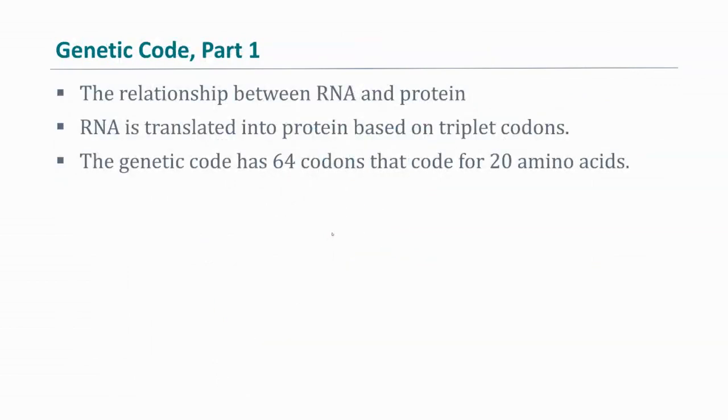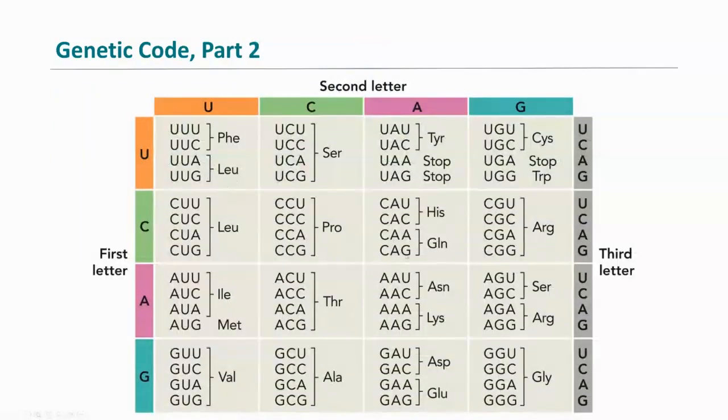And the genetic code explains the relationship between RNA and protein. So you read from the first letter U, second letter U, and third letter U, UUU, that's phenylalanine. That's the genetic code. Basically, every three nucleotides help to determine the amino acid.